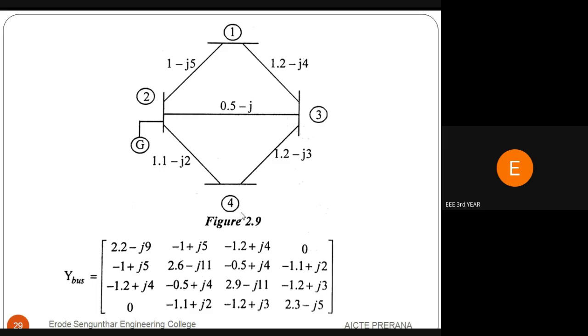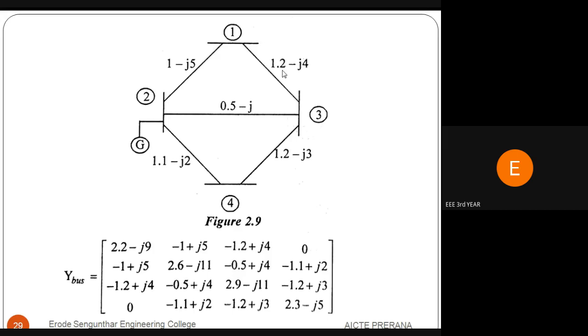Totally 4 buses are there, so automatically we know that a 4 by 4 matrix will come. That is Y bus is equal to Y11. First thing is Y11. Just look at the first bus. How many admittances are connected to the first bus?